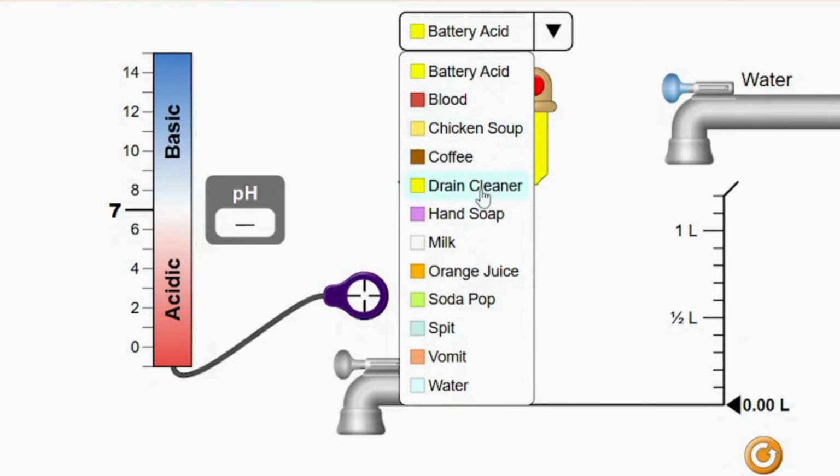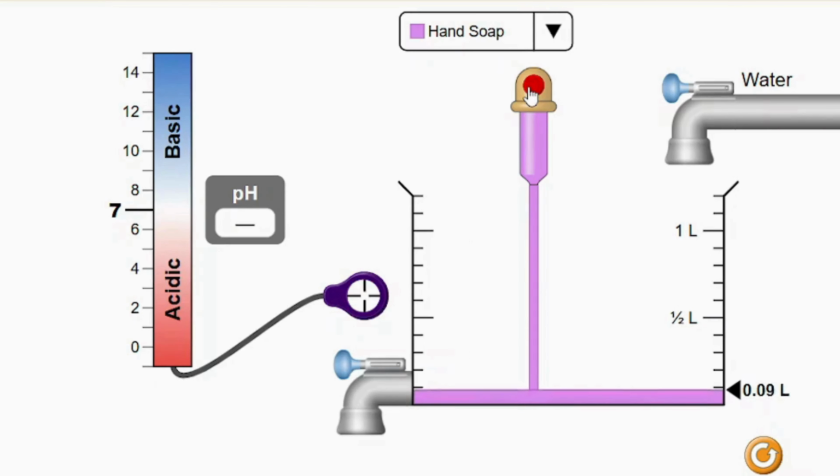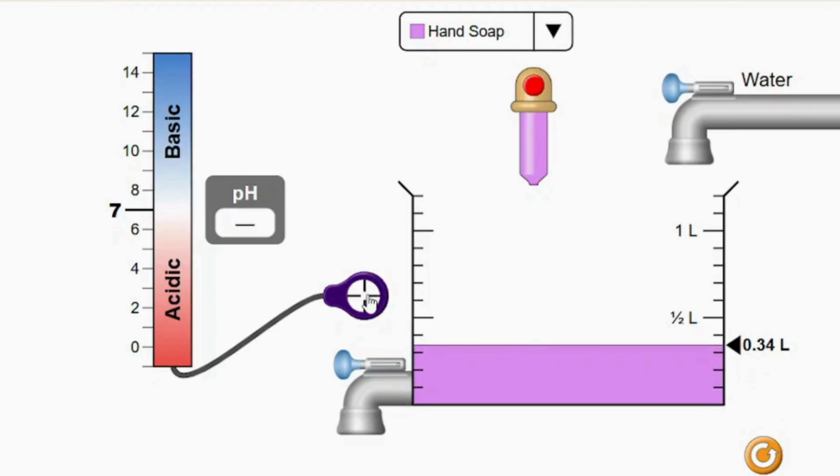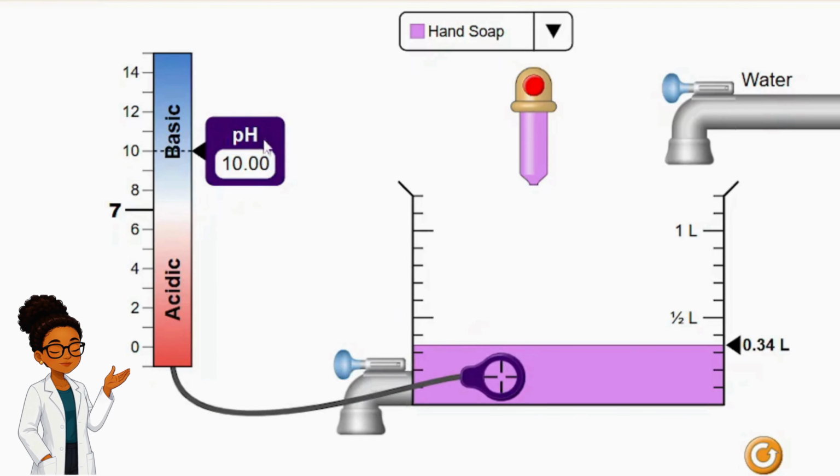Now let's test hand soap. The pH value moves to the base side of the scale, showing that soap is a strong base.